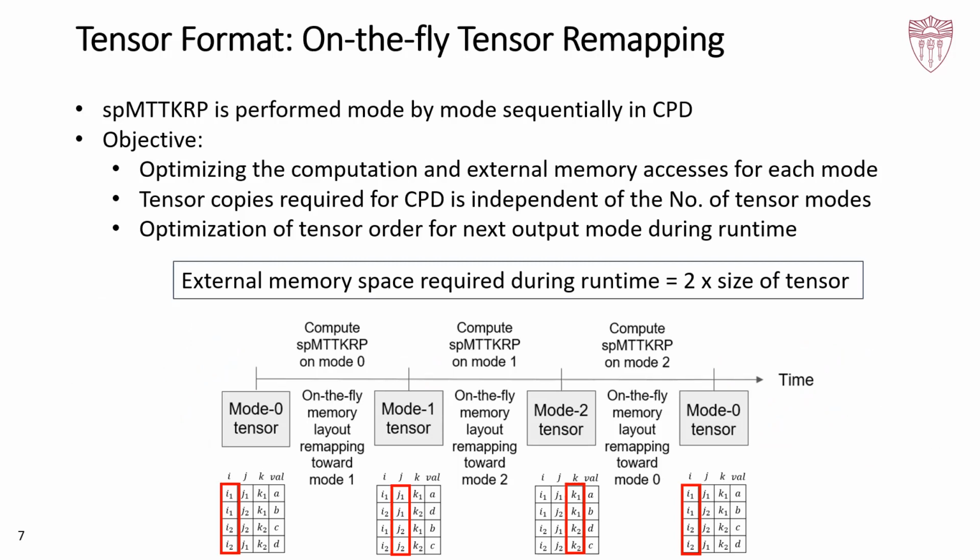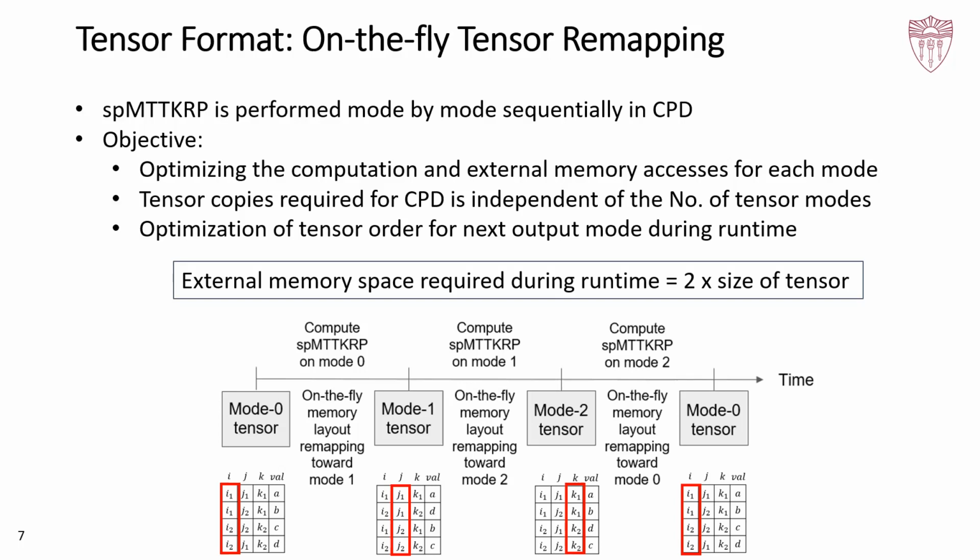If we need a tensor that has optimizations along each mode, in a typical approach we may need multiple copies, where each copy is optimized for a single mode. But then the number of copies is proportional to the number of modes. So as the number of modes increases, this is not a viable solution.